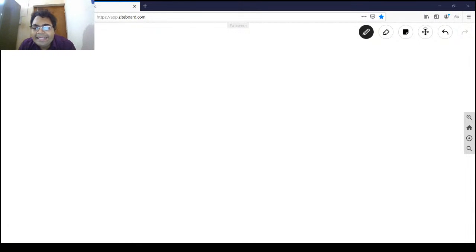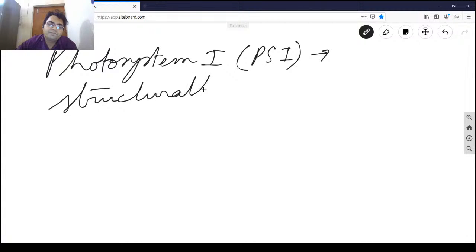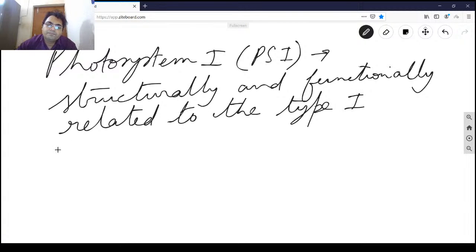Now, PS1 is structurally and functionally related to the type 1 reaction center of green sulfur bacteria. It can go for both cyclic and non-cyclic photophosphorylation.